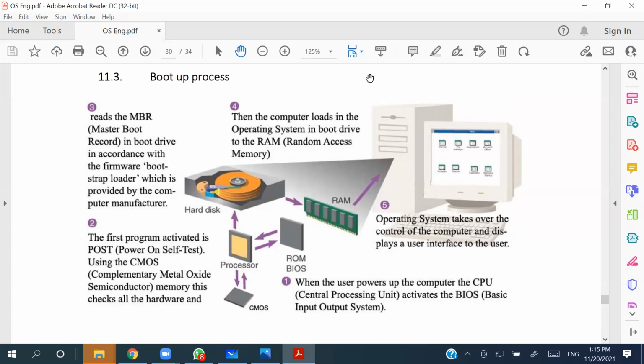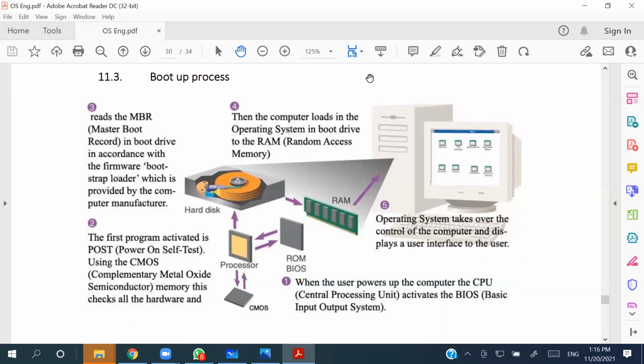So with the help of the BIOS, the first program that is going to be executed is called the POST program, Power on Self Test program. It will use another memory called CMOS and checks all the hardware and other important components in the computer, whether they are working properly, right?